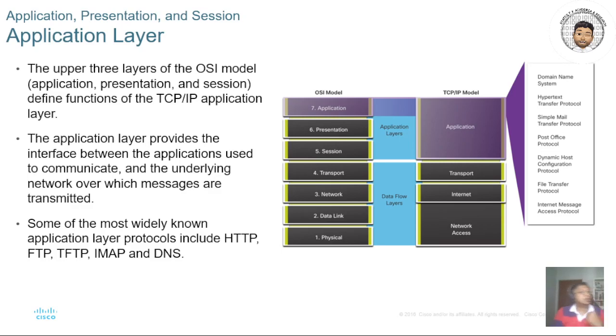Some of the most widely known application layer protocols include HTTP, FTP, TFTP, IMAP, and DNS: Domain Name System, Hypertext Transfer Protocol, Simple Mail Transfer Protocol (SMTP), Post Office Protocol (POP), Dynamic Host Configuration Protocol (DHCP), FTP, and IMAP as well.